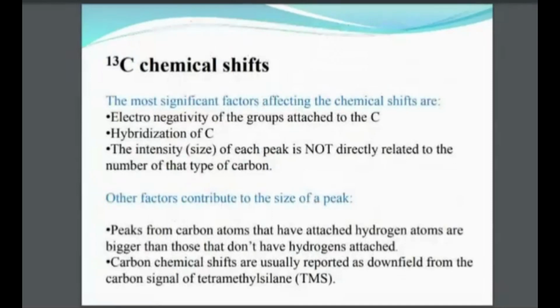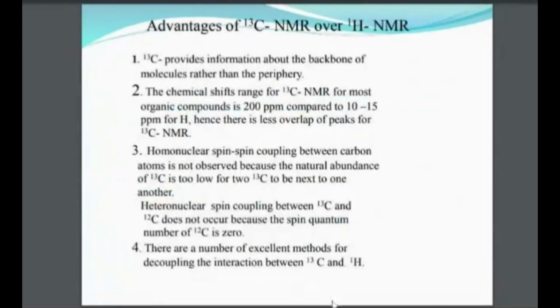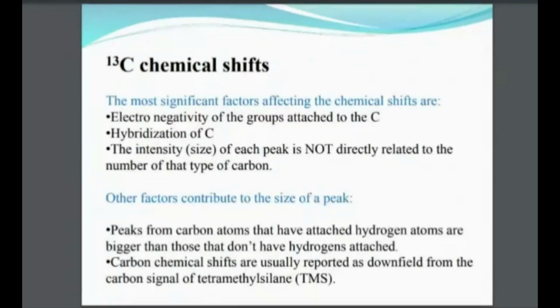So we are also going to study certain methods of decoupling. Okay, decoupling का मतलब, coupling का मतलब क्या होता है? 2 न्यूक्लियाई में कपलिंग हो रहा है, इसका मतलब क्या होता है? एक दूसरे के सिग्नल को, एक दूसरे के फ्रीक्वेंसी को वो अफेक्ट कर रहे हैं. तो डीकपलिंग का मतलब क्या होगा? उसका अपोजिट. एक न्यूक्लियस का जो इफेक्ट है दूसरे न्यूक्लियस पे, उसको हम न्यूट्रलाइज कर रहे हैं, उसको कहते हैं डीकपलिंग. Okay, let's move forward.